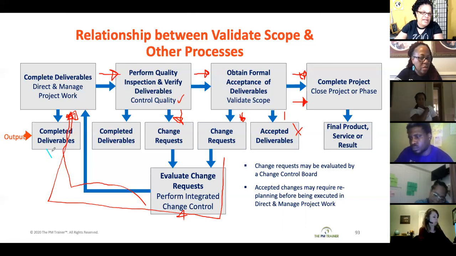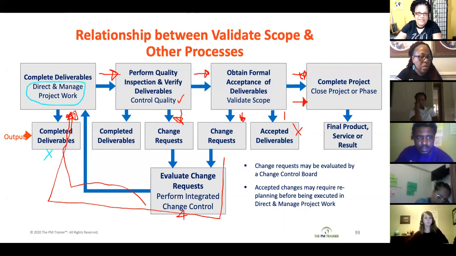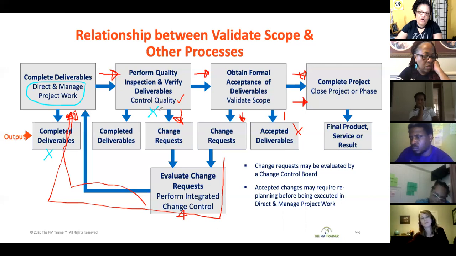So you have your completed deliverables here, right? And remember, we said that those completed deliverables are going to be an output of your direct and manage project work process. Those completed deliverables are then evaluated for correctness, through your control quality process. If those pass, they become verified deliverables.